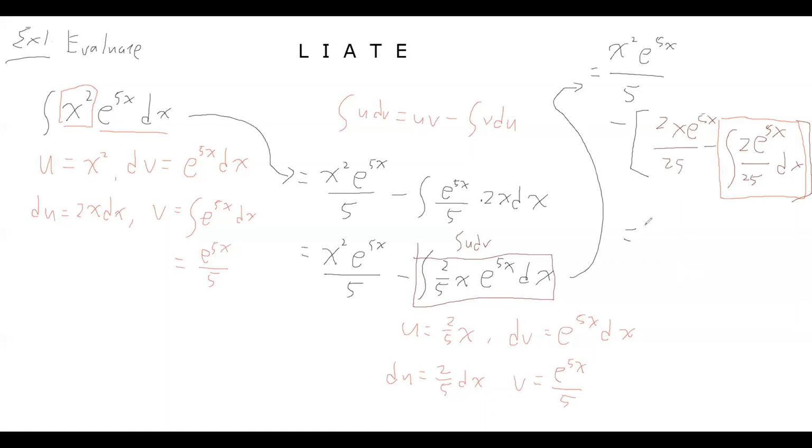It's equal to x squared e to the 5x over 5 minus 2x e to the 5x over 25 minus, and when we integrate this, it's just e to the 5x with an extra 5 on the bottom, right? So that's going to be 2e to the 5x over 125.